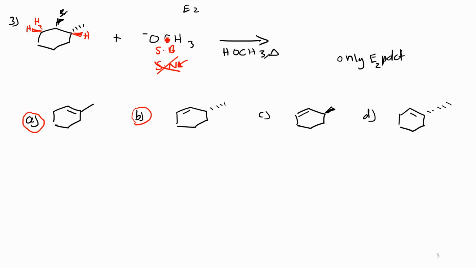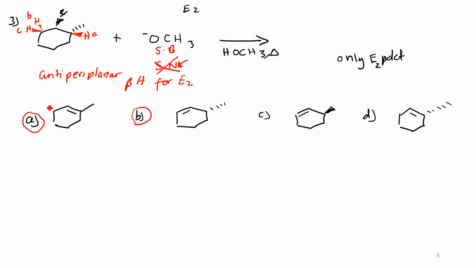So now that we know that, we need to find our anti-periplanar beta hydrogens. Which one is it? Is it going to be hydrogen A, hydrogen B, or hydrogen C? Which hydrogen is anti-periplanar for E2? B. Yes, so it's going to be B.